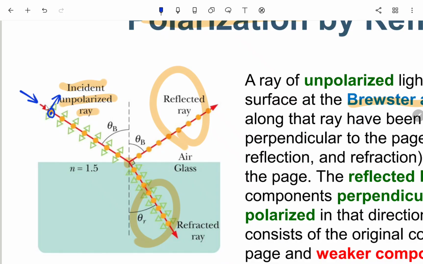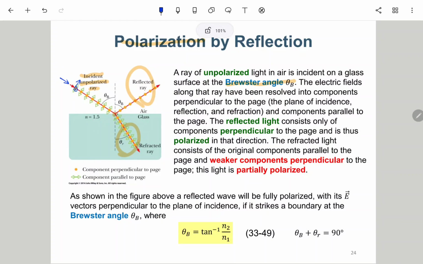So in that case, all the component that is parallel to the plane will go through. All the green part goes through. But for the orange part, only part of it is refracted and goes through. So this part will be the polarized light, and this part will be partially polarized.